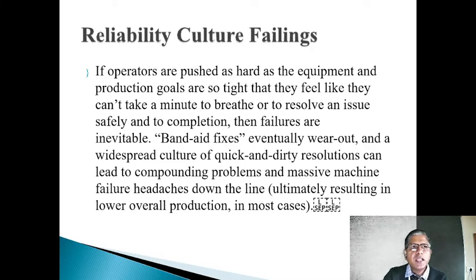Now imagine that you have a very important meeting in the office, and in the morning you feel slight dizziness or feverish. So what will you do? You will take paracetamol or crocin and suppress that fever for that particular day because you have a very important meeting.